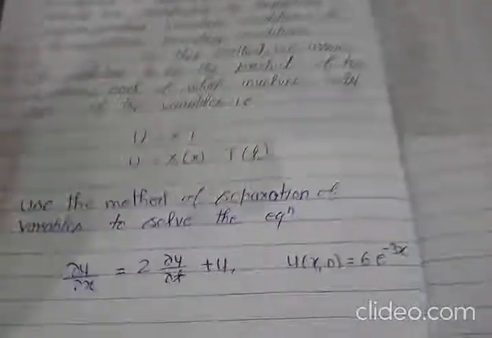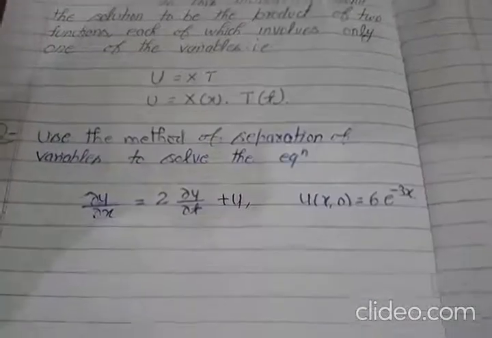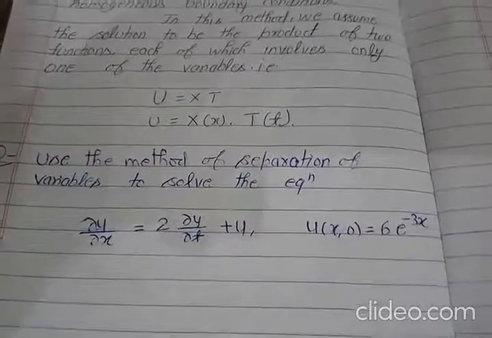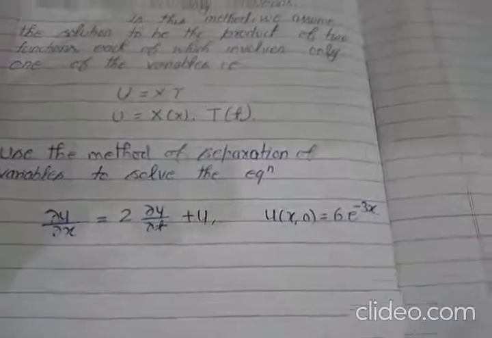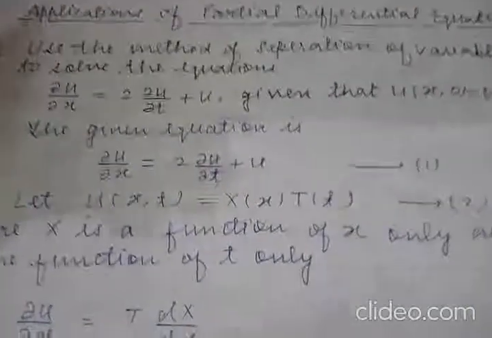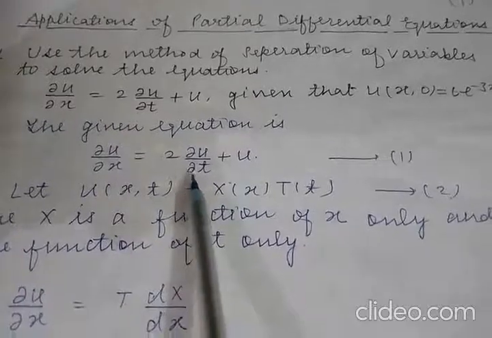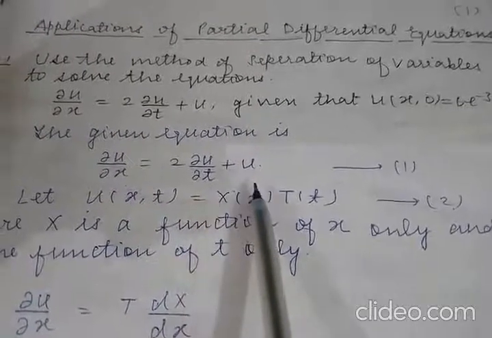Now we go further with the solution of the given problem to make our understanding better. Here I have solved the equation like this. The given equation is del u upon del x is equal to 2 del u upon del t plus u.